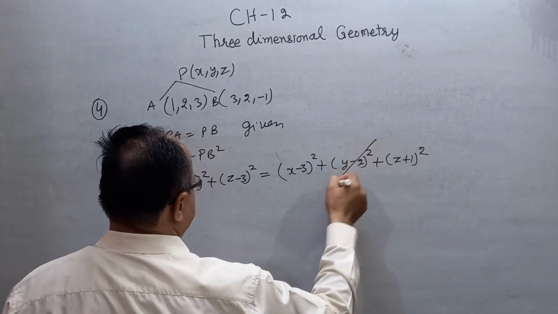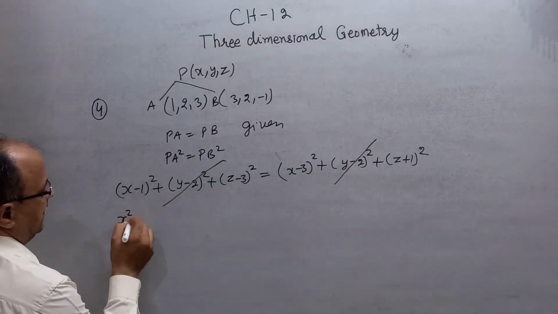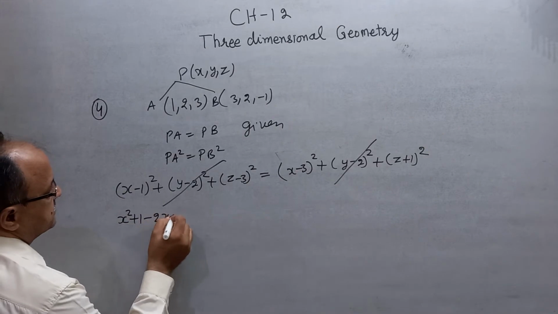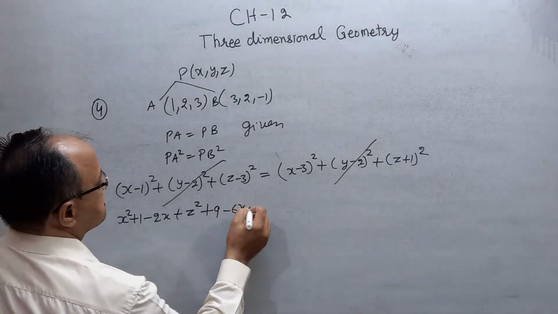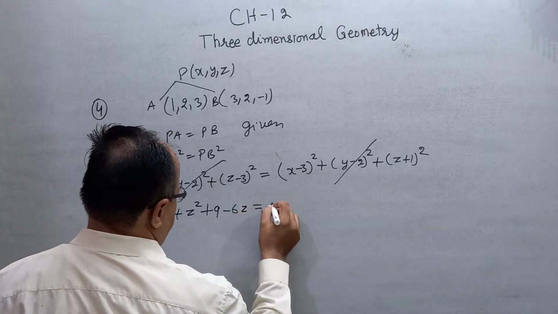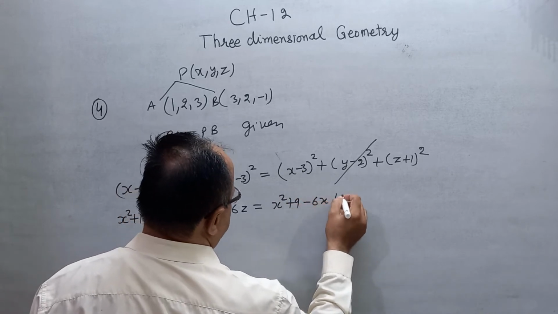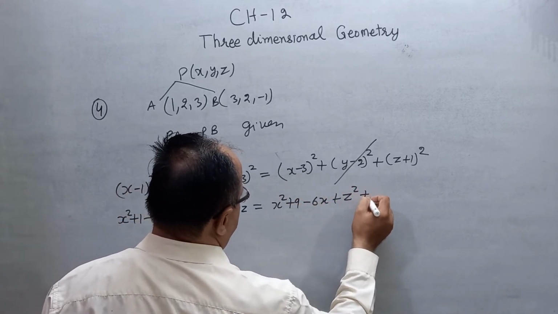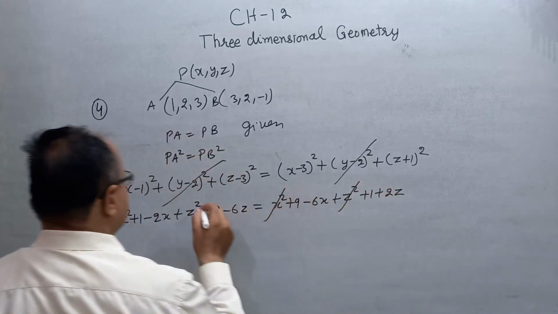Cancel the common terms. Now you can expand: x square plus 1 minus 2x, z square plus 9 minus 6z, equals x square plus 9 minus 6x, z square plus 1 plus 2z. You know that the squares cancel.